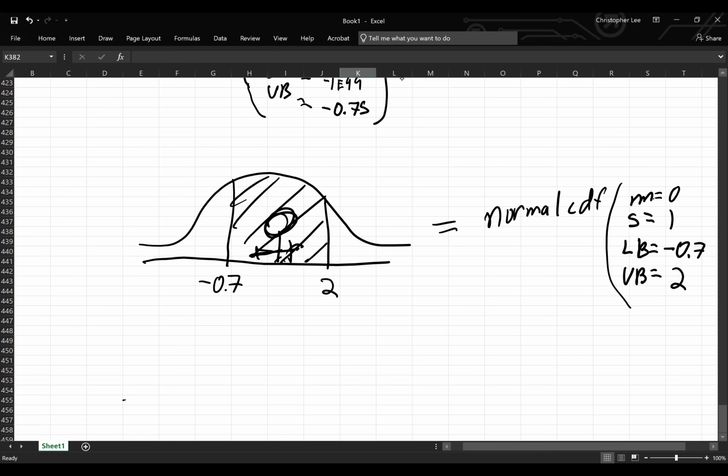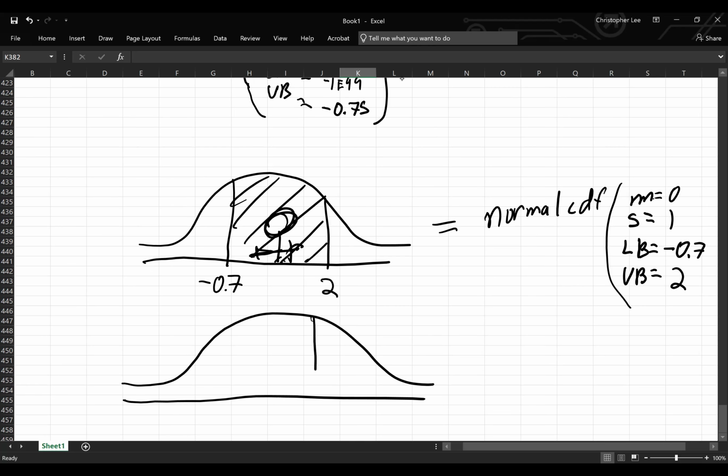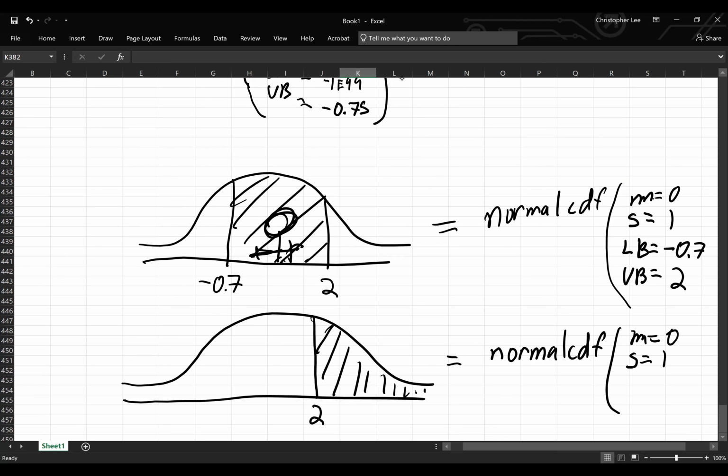Let's say that it was greater than. Let's say I have a distribution like so. Let's say that this was 2 just to make life easy, and I wanted it to be greater than. So for normal CDF, my mean is still 0. My standard deviation is still 1. But remember, I'm standing here now, that's where I'm at.